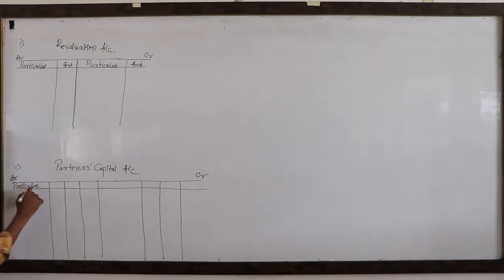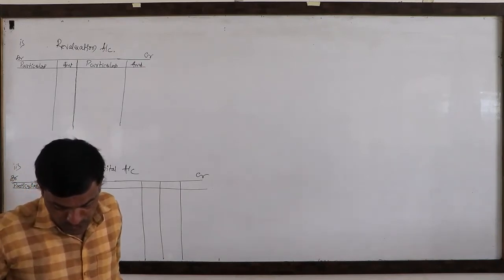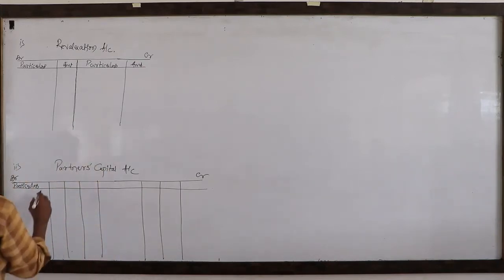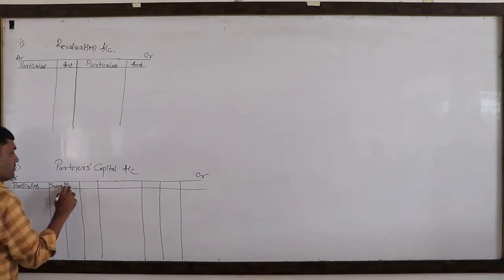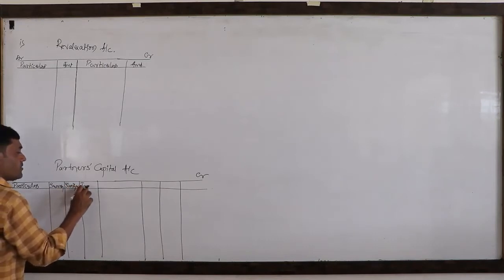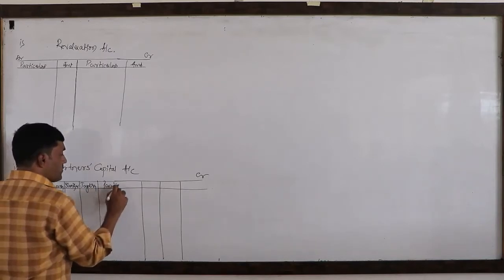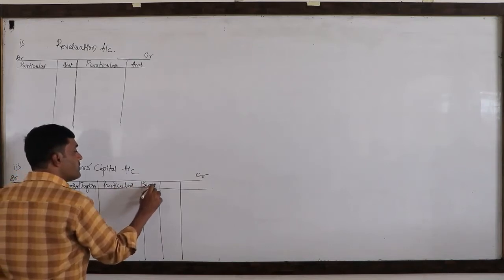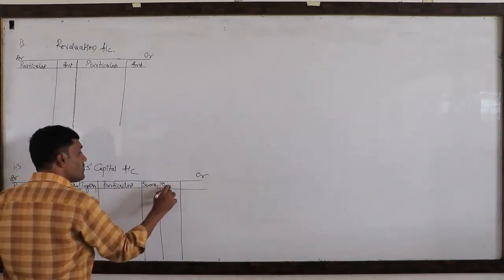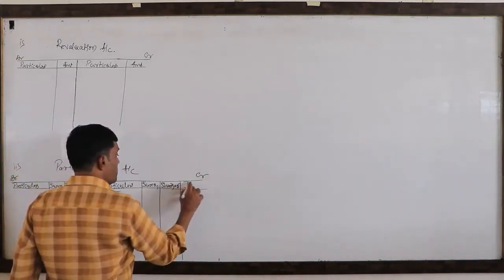Particulars. Who are those? Suresh, Shankar. Suresh, Shankar. So new partner Jagadish. Particulars. Suresh, Shankar. Third one, that is Jagadish.